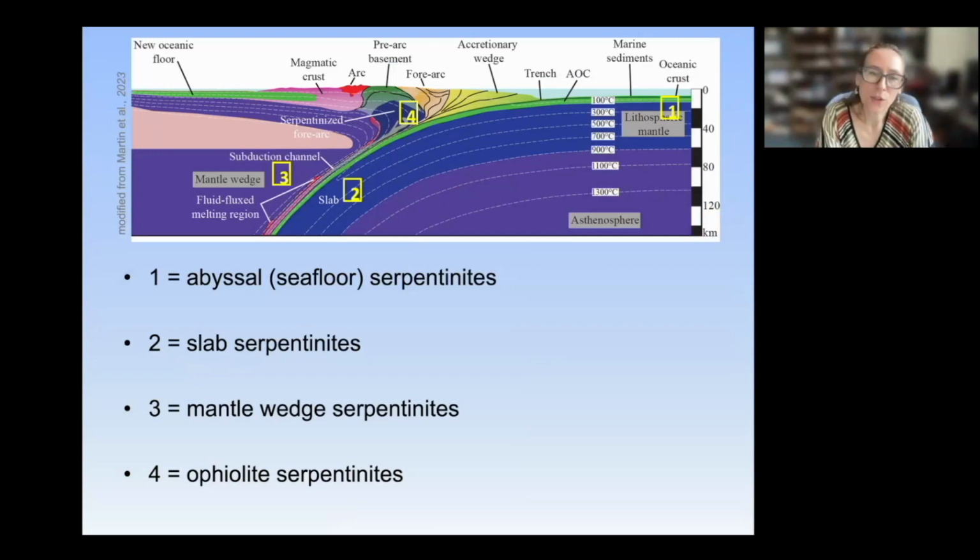In the subduction cell, we can also find them as number 2 here in the slab, so-called slab serpentinites. We have the serpentinites forming above the subduction channel in the mantle wedge, called number 3 here. And finally, we have the number 4, arc/ophiolite serpentinites that are much closer to the surface.